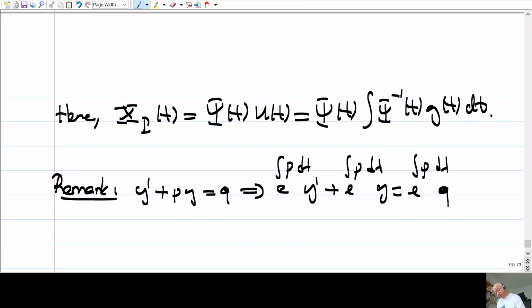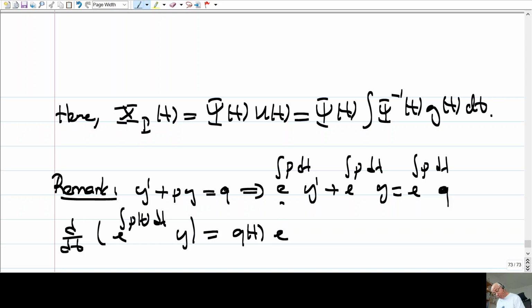And then, okay, so what was this? This was d over dt of e to the power integral of p(t) dt, times y, equals q(t) times e to the power integral of p(t) dt.